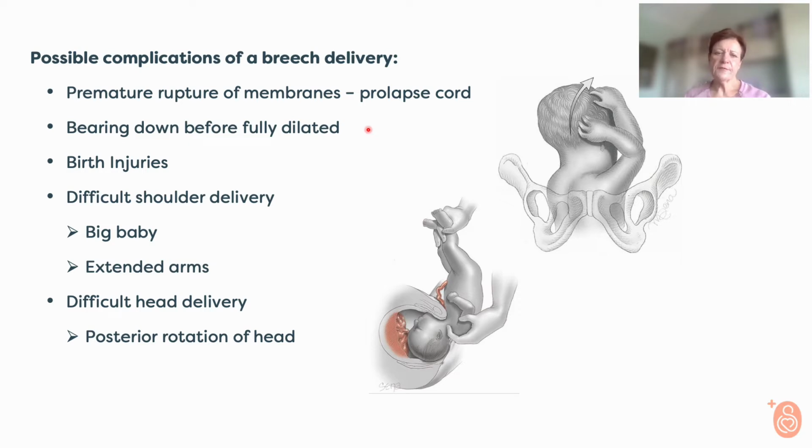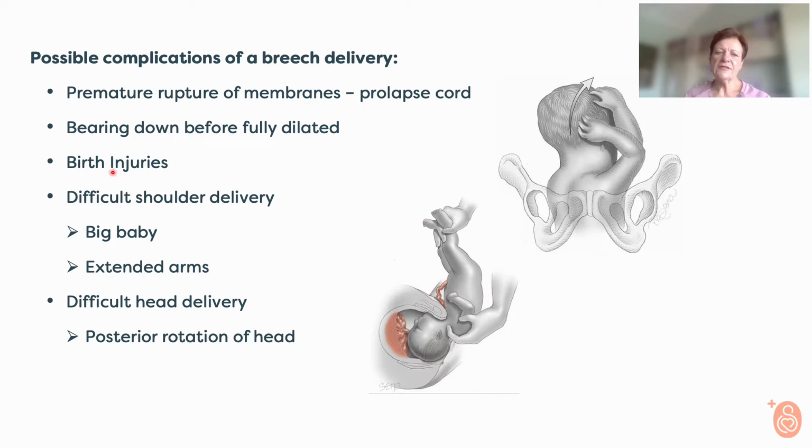Now, the big problem with that is that the diameter of the buttocks is much smaller than the diameter of a fetal head. So the buttocks can be born through an even not fully dilated cervix, but then when the aftercoming head comes, it might be stuck and it can't be born properly.